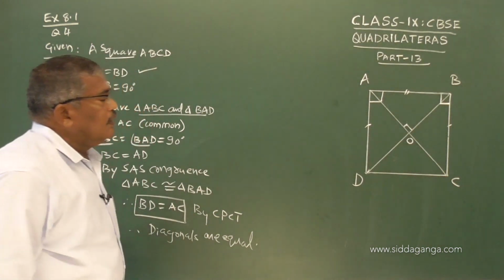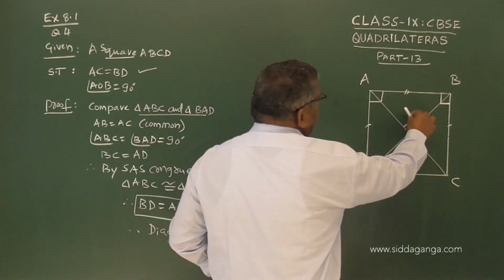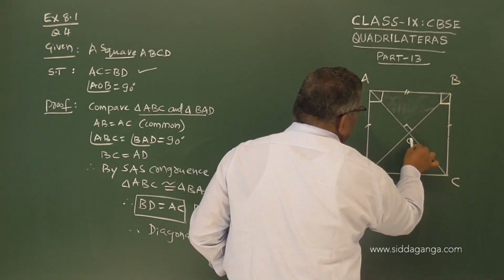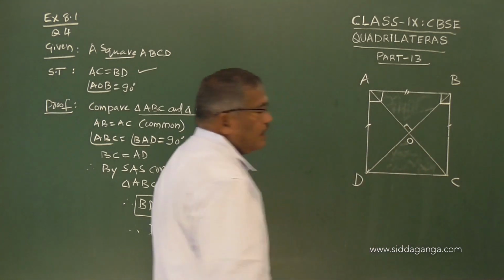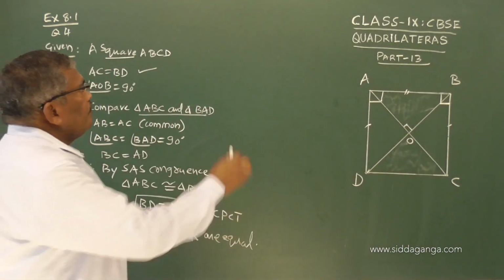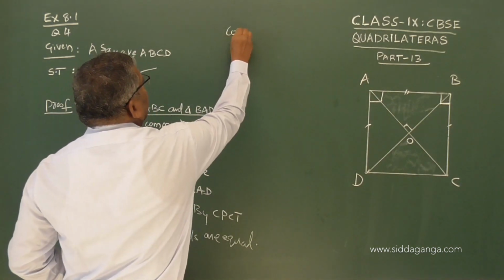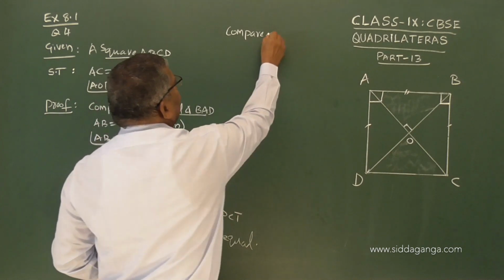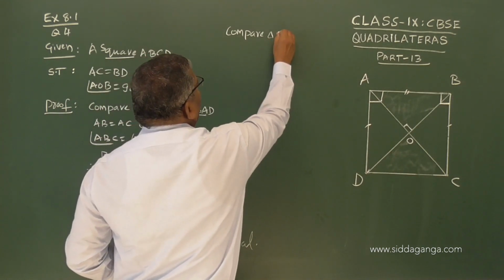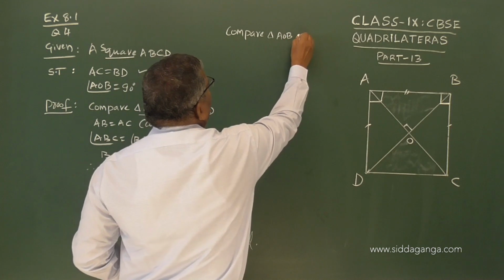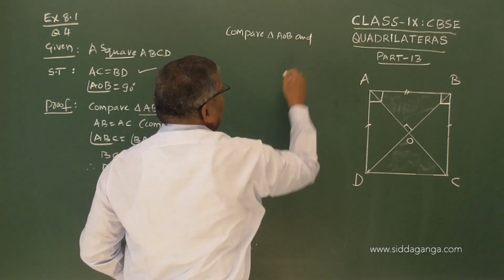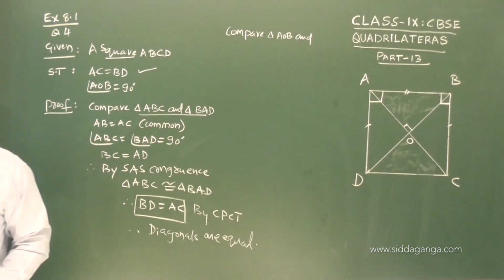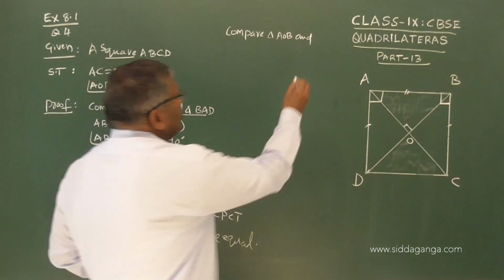Now, let us compare this AOB, this upper triangle and this lower triangle. So, compare triangle AOB and triangle COD.